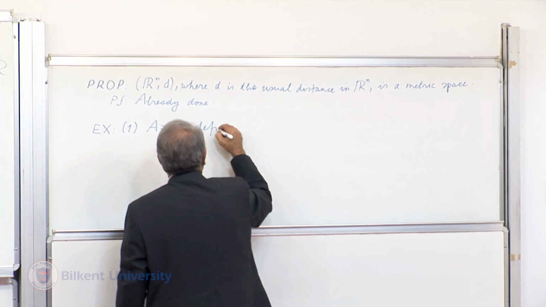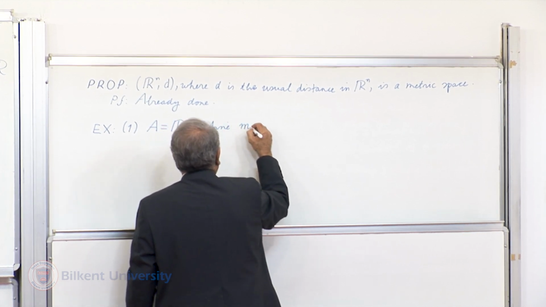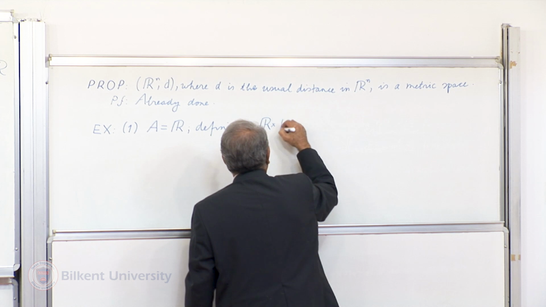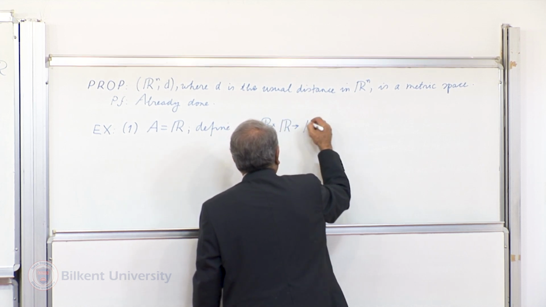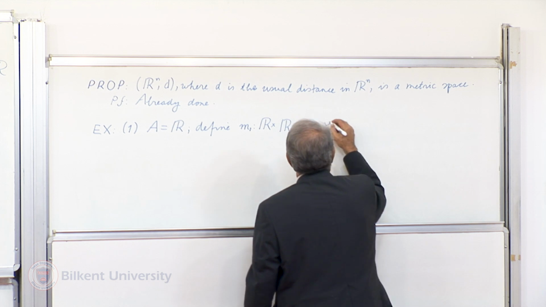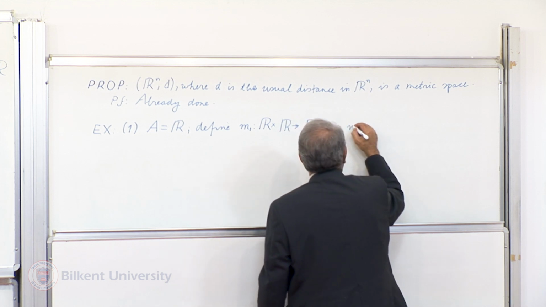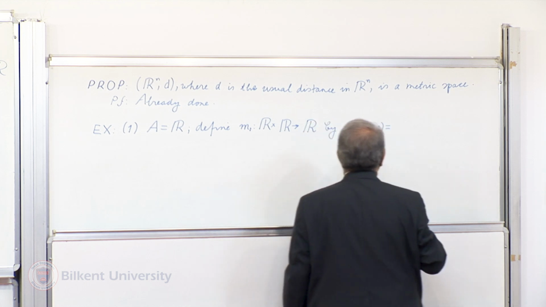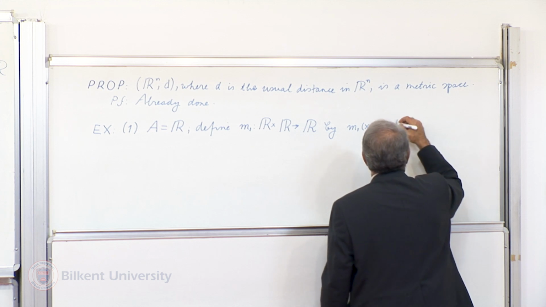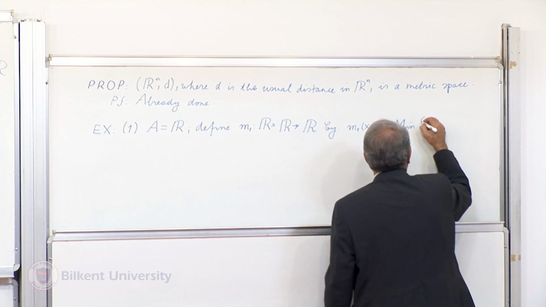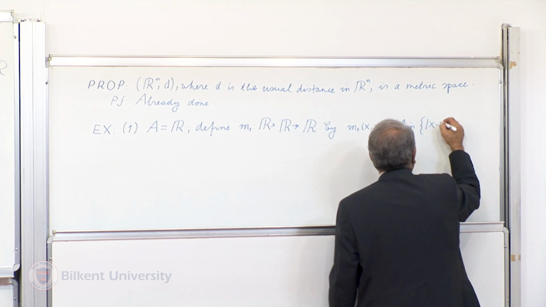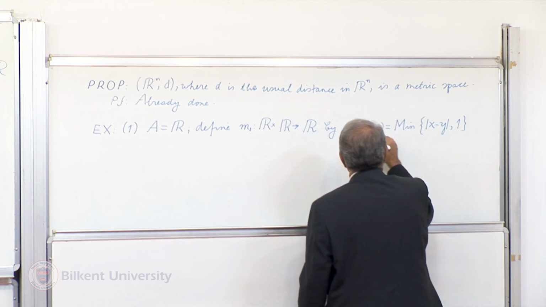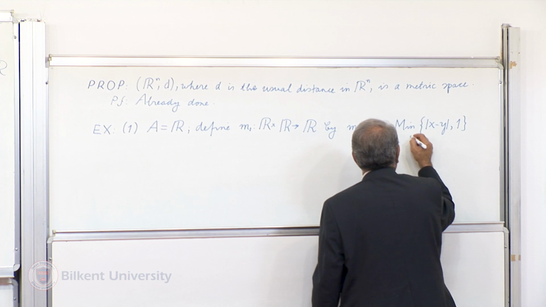Define M, well, let me give a number to that, M1 on R cross R into R by taking M1(x,y) as the minimum of the absolute value of x minus y and 1 at each x, y in R cross R.